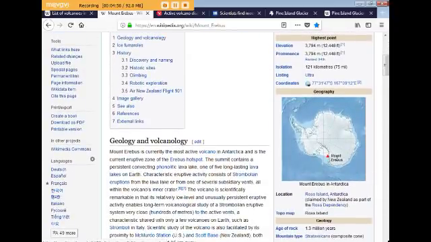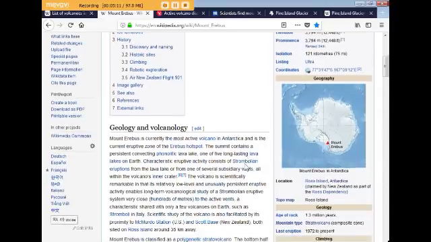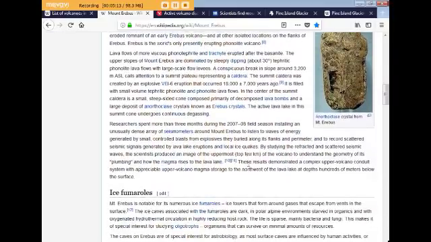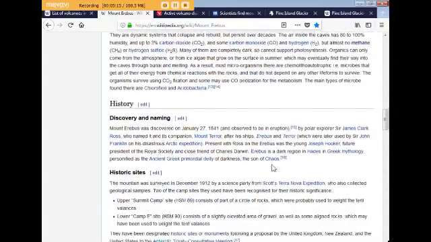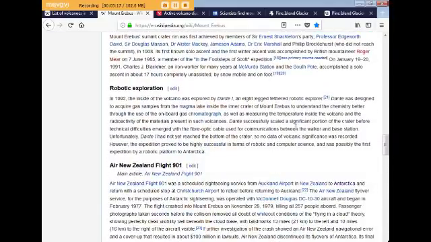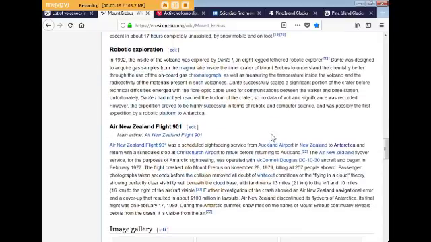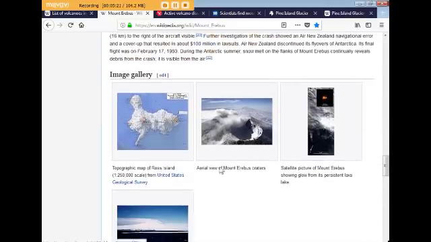So here's where it is. It's right down here. This is the Ross Sea. There's the Ross ice shelf. The Ross Sea is right down here. And so Mount Erebus is on an island right over there. So we're going to look at that in a second. Here's all about Mount Erebus, and they explored it with robots and things like that.